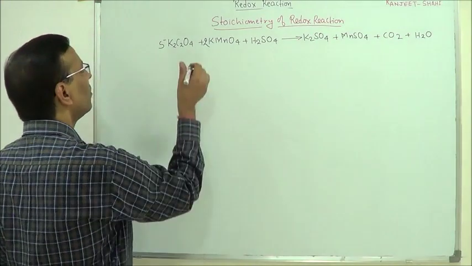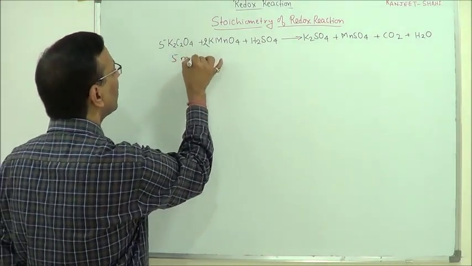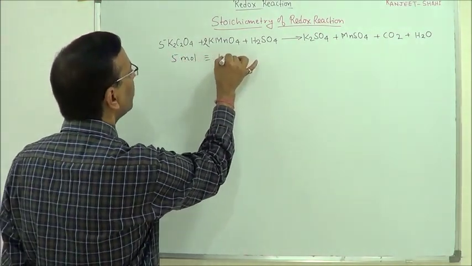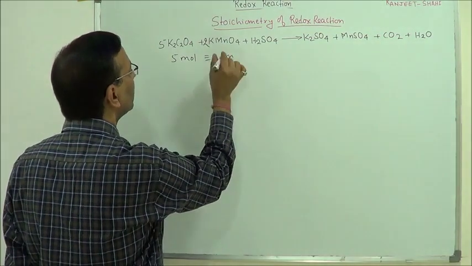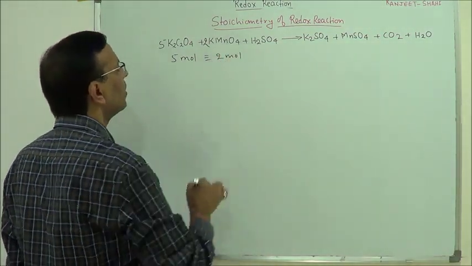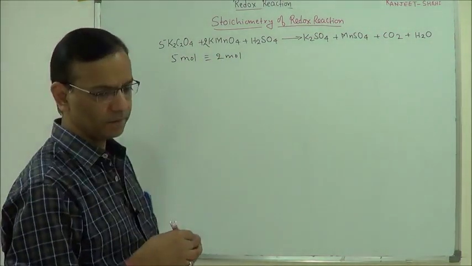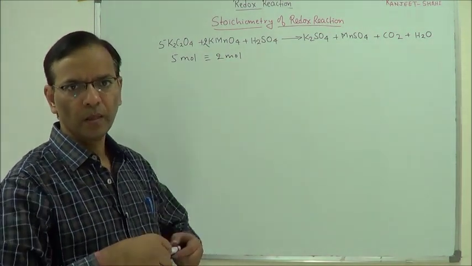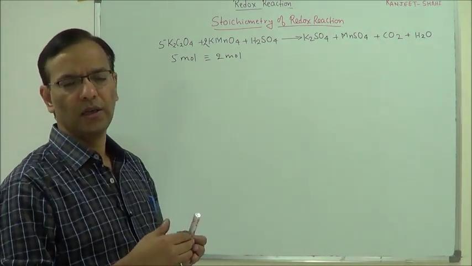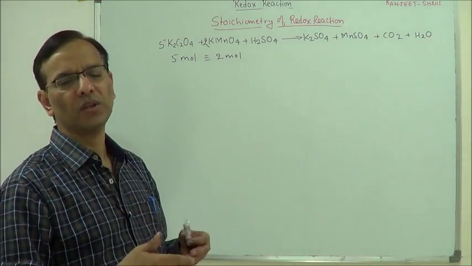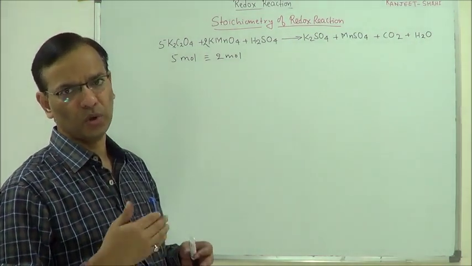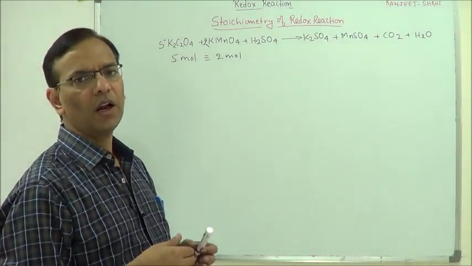So we can say that 5 mole of this will combine with 2 mole of potassium permanganate. But it is not easy to balance a redox reaction all the time for solving stoichiometry of a redox reaction.